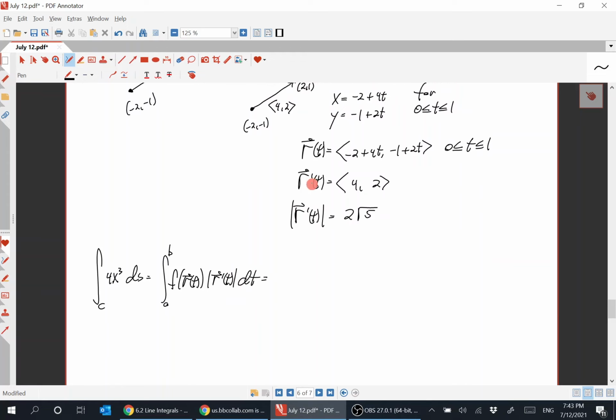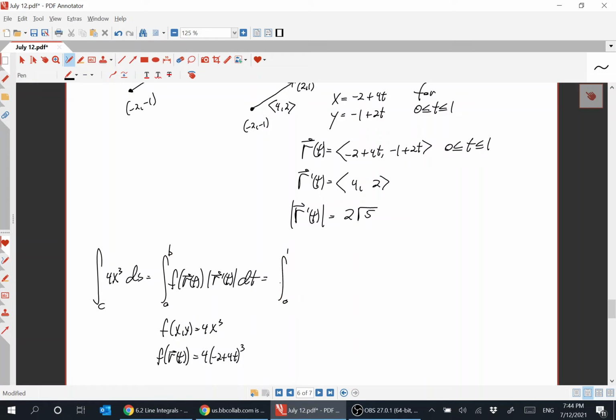Well, what's f? F of (x, y) is 4x to the third. So f of r of t is equal to 4 times, and what's x, (-2 + 4t) to the third. And a and b are 0 and 1.